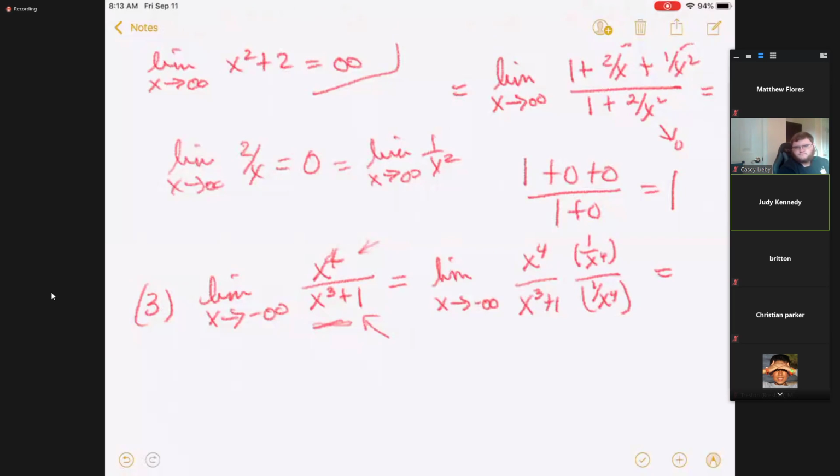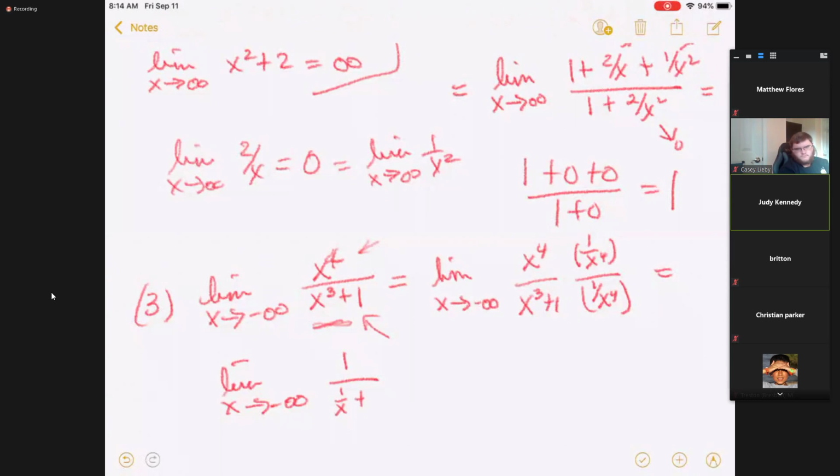That's going to be the limit as x goes to minus infinity of 1 over, well, x cubed times 1 over x to the 4th is 1 over x. This may not have been the best. I want to go back and change that.